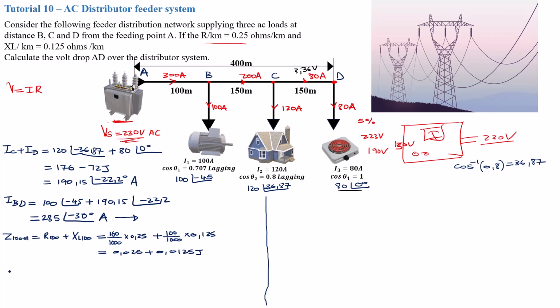Now this is the impedance of this section. We also need to find the impedance of this section, and remember it's 150 meters each, so it's the same impedance for that section.